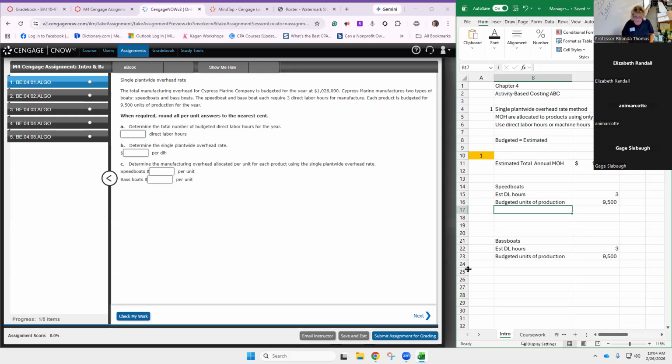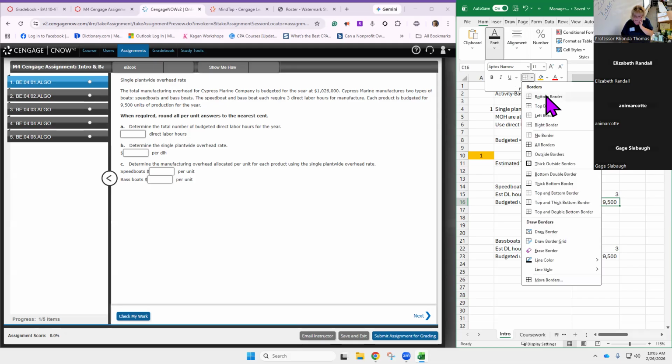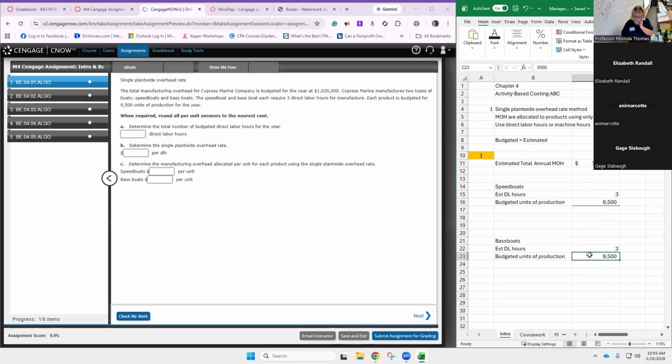So let's do the math here. I'm going to put an equal sign underneath this and this one. We should get the same number for both product lines, right? So once again, this is going to give you your estimated or budgeted direct labor hours, estimated annual direct labor hours.